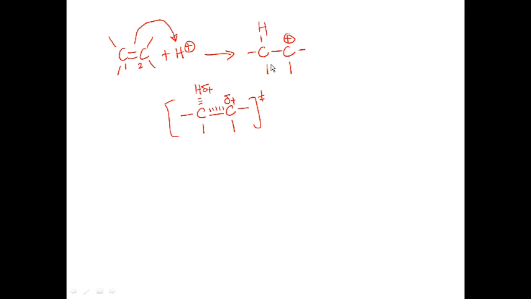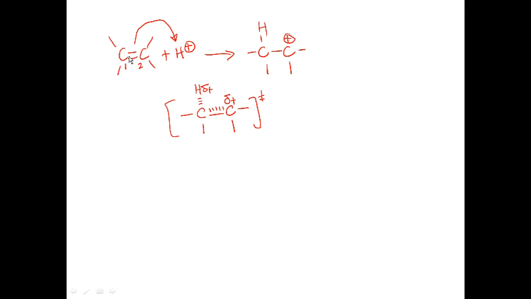Now, you might say, will the hydrogen bridge over both of these two carbons, kind of like it did with the hydrogen migration, a 1,2 hydride shift? And the answer is no. The hydrogen's going to pick a carbon to add to, or actually one of these two carbons is going to pick the pair of electrons up to add to that hydrogen, but for the most part, the hydrogen's not going to bridge.